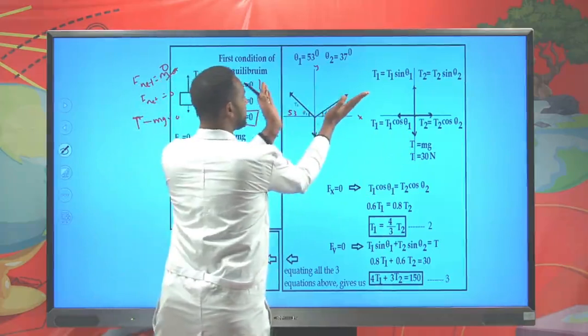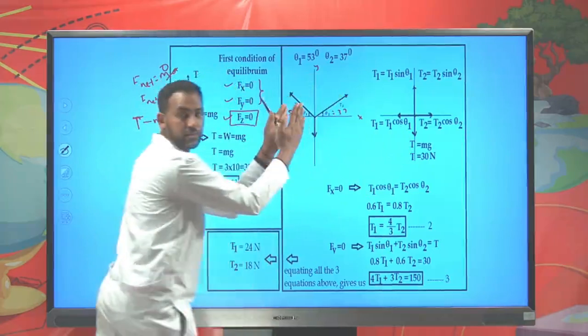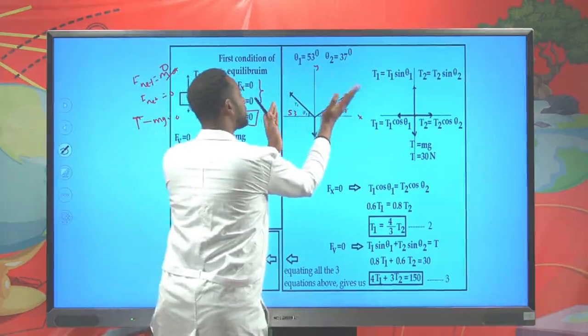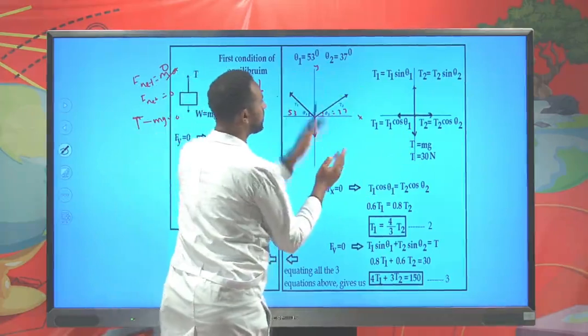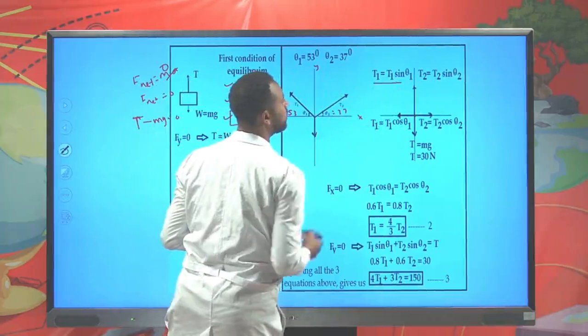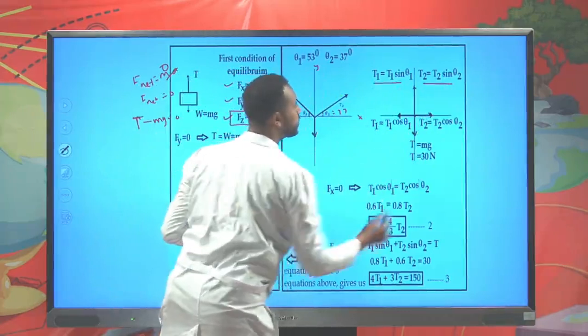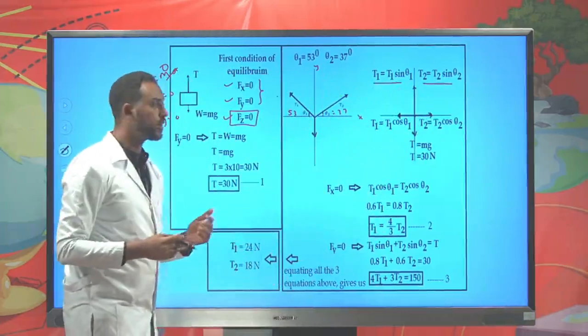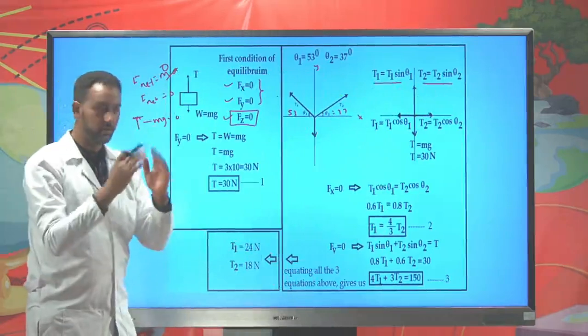And these two forces also have vertical components, which can be given as T1 sine theta 1 and T2 sine theta 2. These are the two vertical components.